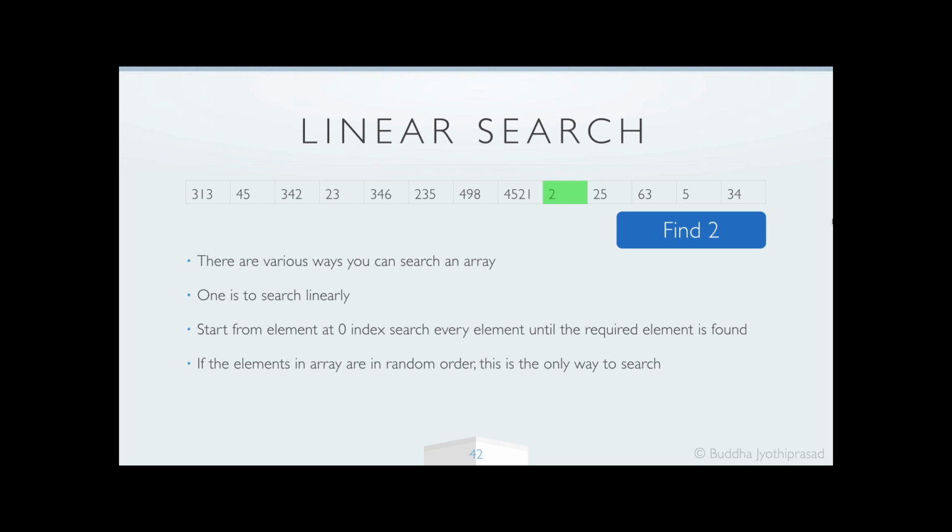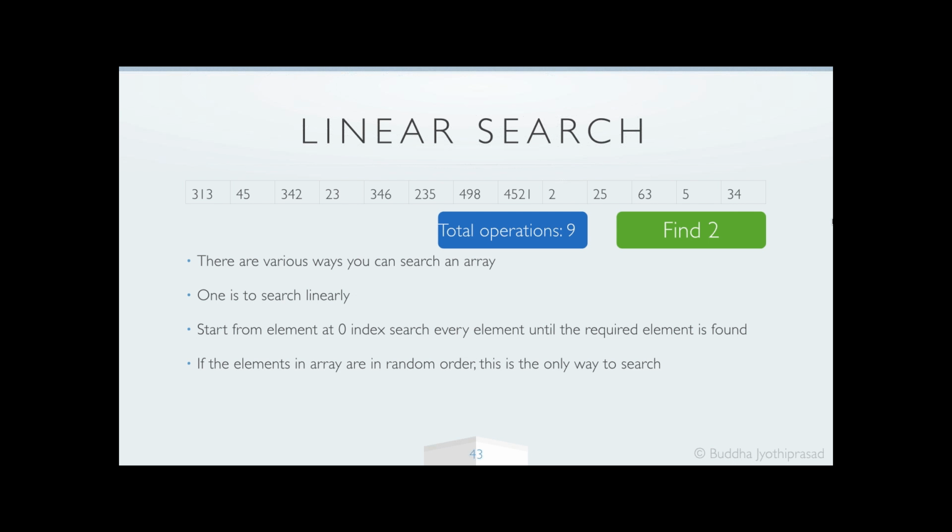When it is found, we say match found and return that value, or simply return true or false. But the number of operations that we have done here is 9. Assume that comparing one number is one operation. We did 9 operations, and that's well and good.